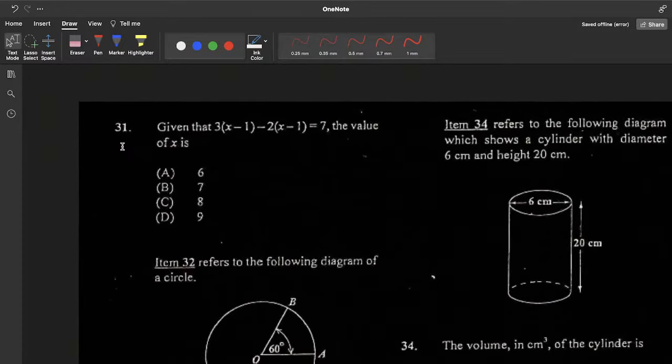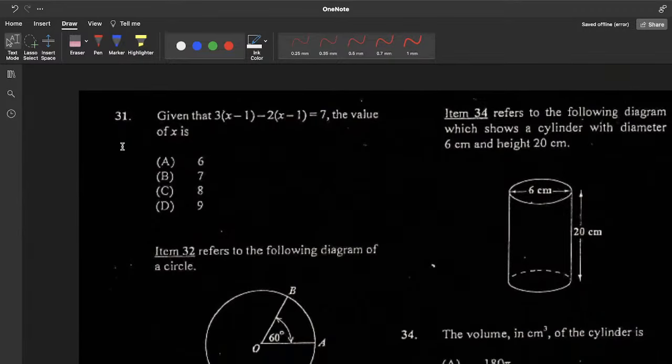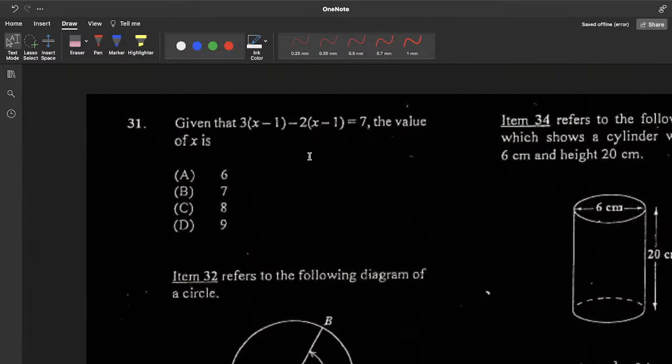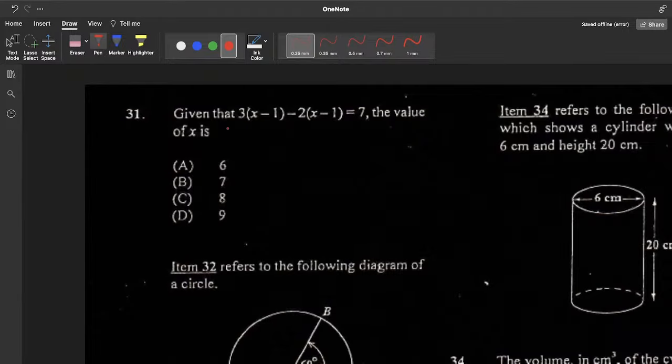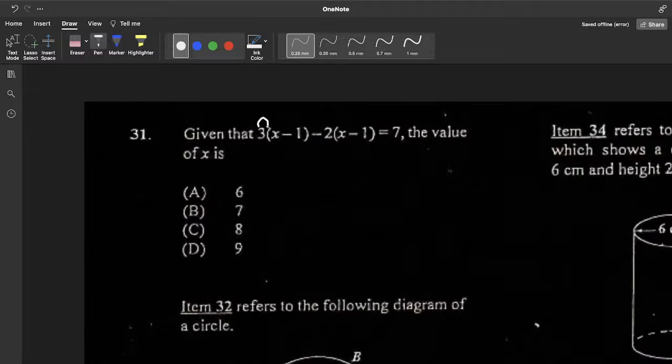So it says given that 3 times x minus 1 minus 2 times x minus 1 is equal to 7. So we could basically try to put in these numbers and work it out, or we could actually work it out ourselves. So I'll go first with saying 3 times x, which is 3x, and 3 times minus 1, which is minus 3.